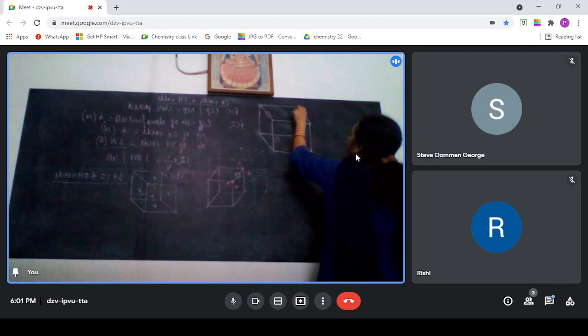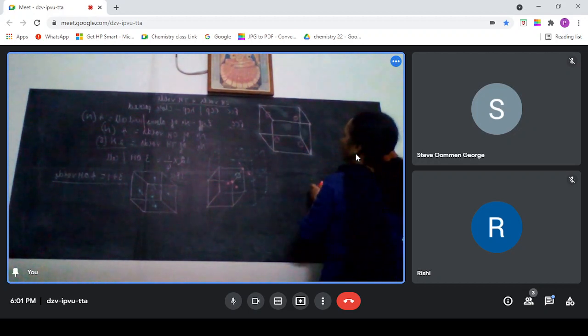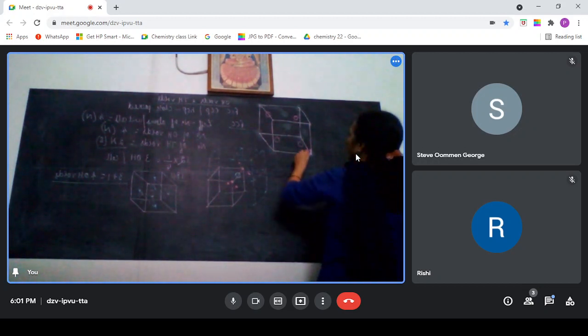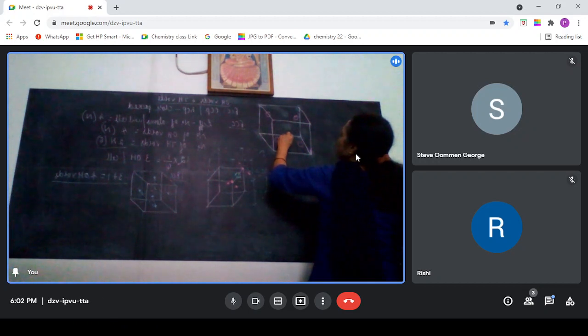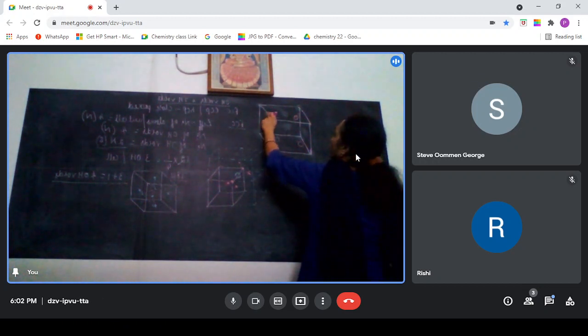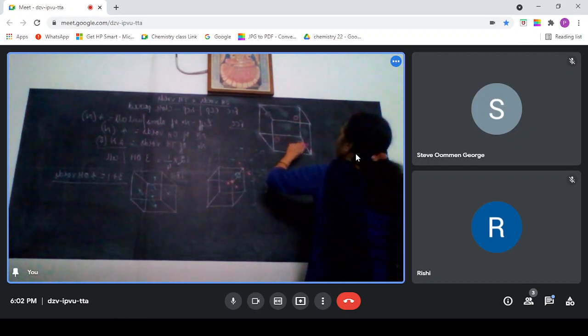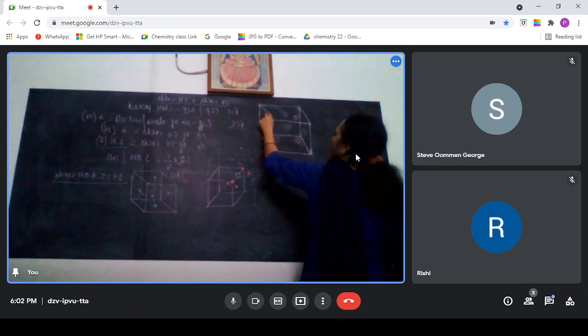So tetrahedral voids are two at each body diagonal. Actually, they are at 1/4 distance: from here 1/4, from here also 1/4, like this.